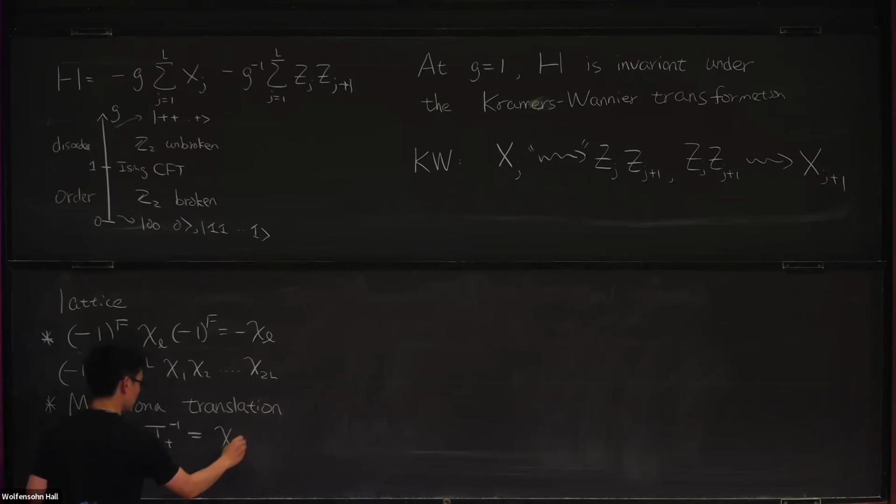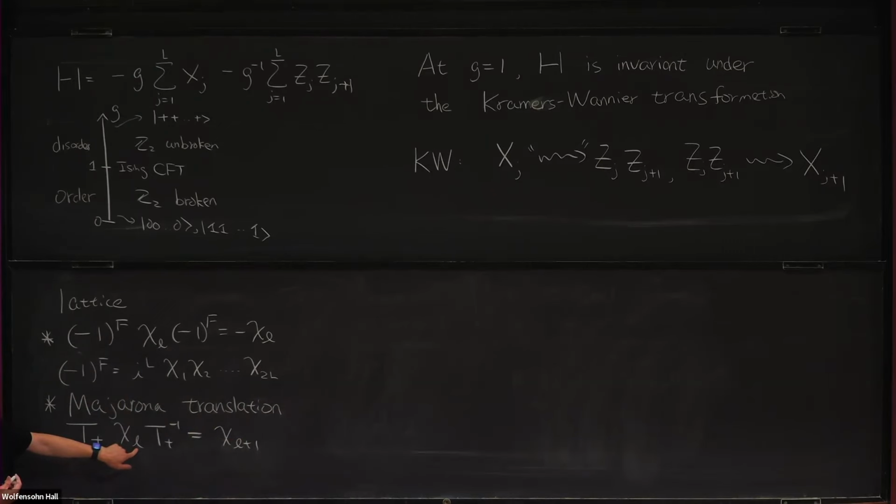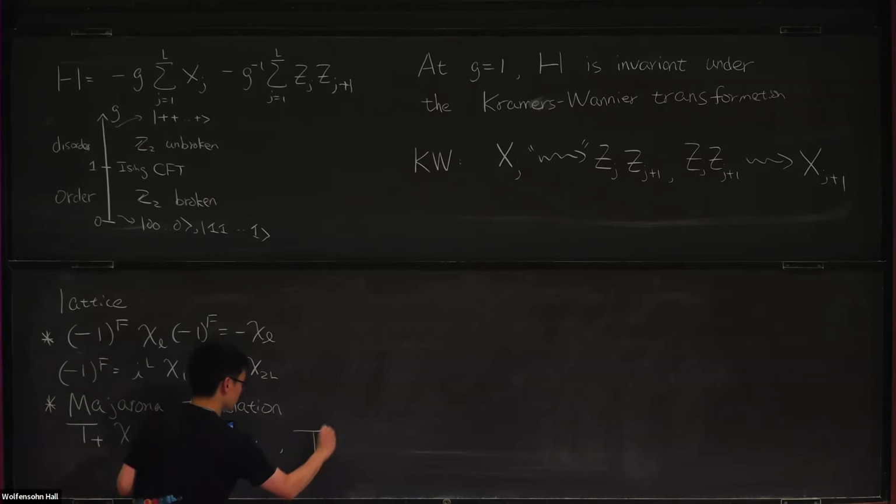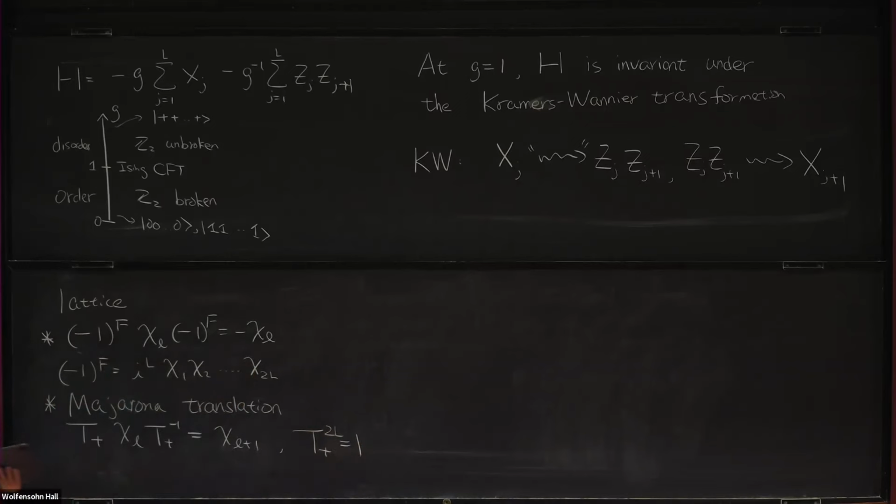You just shift your fermion by one site. But notice that this is the Majorana site, so I'm using different symbols to label the Majorana site versus the Ising site. And this operator is not a Z_L symmetry because, since we have 2L sites, its 2L-th power is 1.